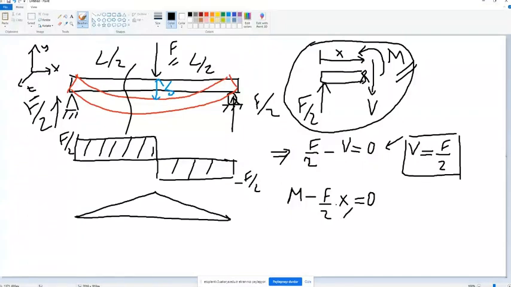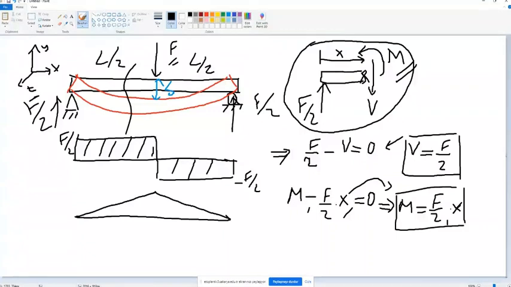So it's a constant number. But in the moment, when you look at it, it is taking x, so your equation is changing. And you have to, again, take the F over 2x to the other side. So we will have M is equal to F over 2x, which is positive.